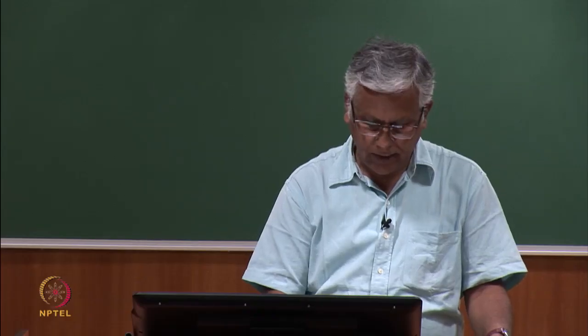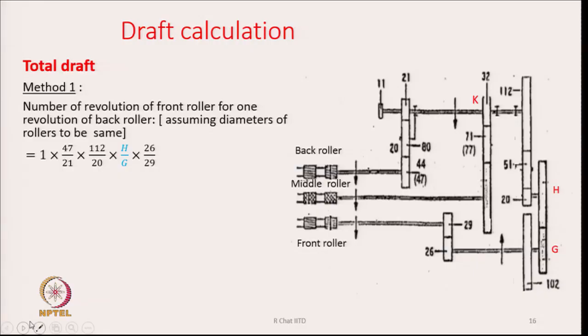Draft calculation, now we come. Here a diagram is shown, the drafting unit of a typical ring frame, and in method 1 what we can do is calculate the number of revolutions of the front roller for one revolution of the back roller. If we assume the diameters of the front, back and middle rollers are all the same, then the ratio of revolutions can also give me the draft.